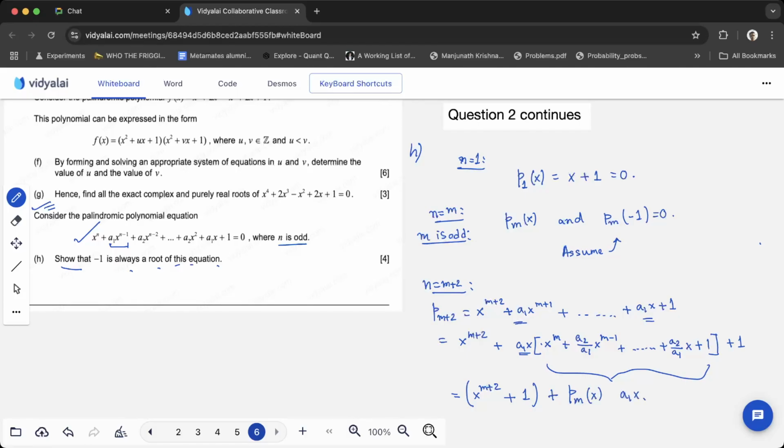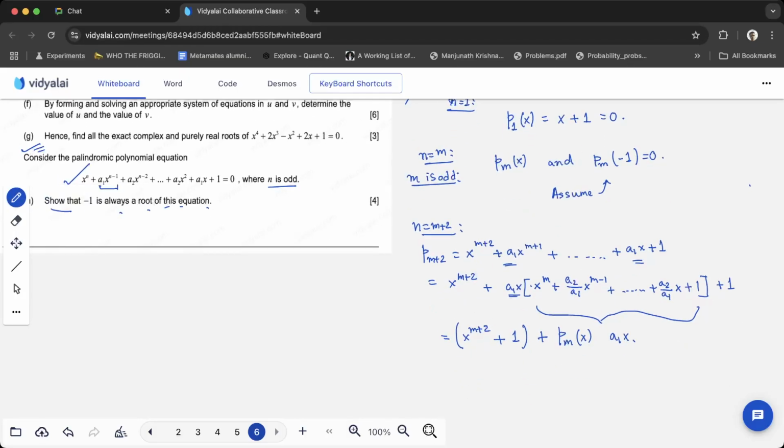So indeed, if we now put x equals -1, this would be -1 plus 1. Because this is an odd power of -1, that would be -1 plus 1 on one part, plus p_m of -1 times a1 times -1.